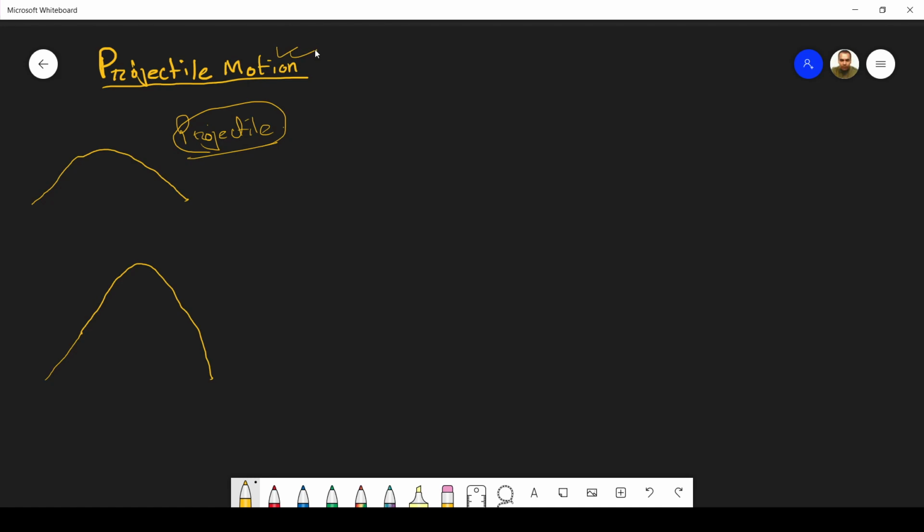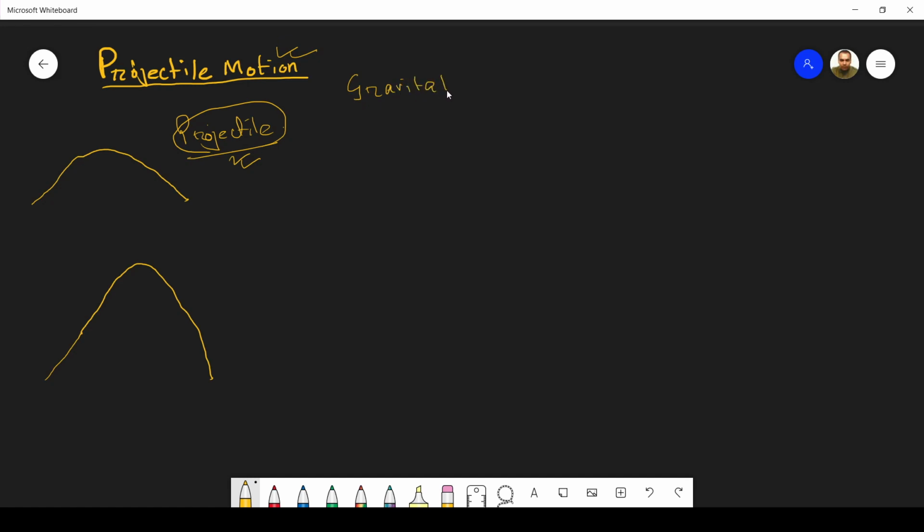Is there any characteristic of projectile motion? When we talk about projectile motion, it is assumed that the only force acting on the object is the gravitational force.